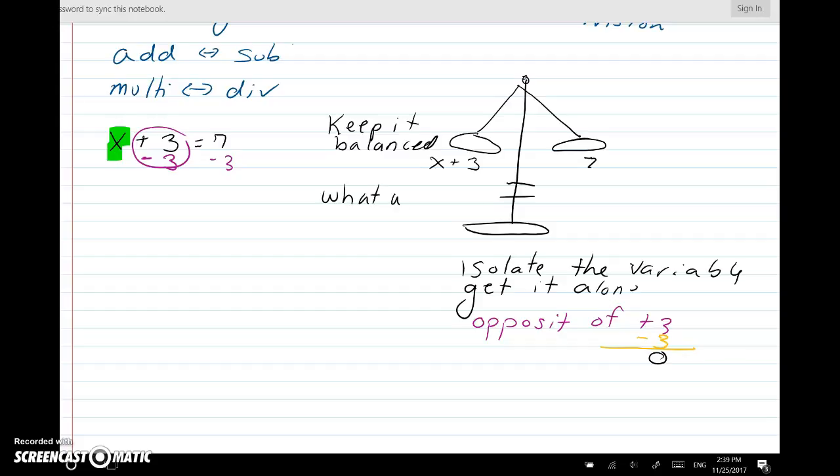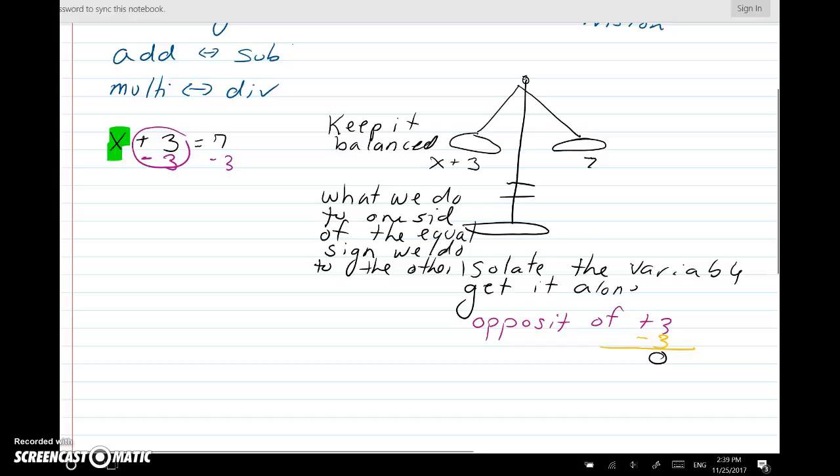What we do to one side of the equal sign, we do to the other. So, if we're subtracting 3 on one side, we have to subtract 3 on the other.